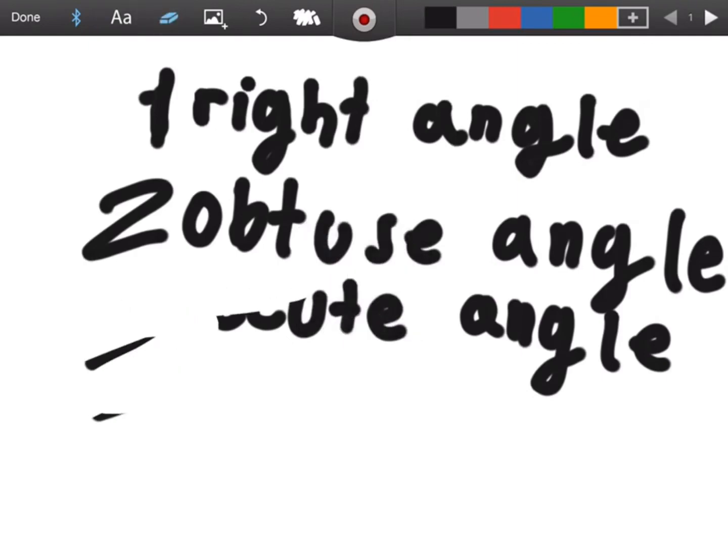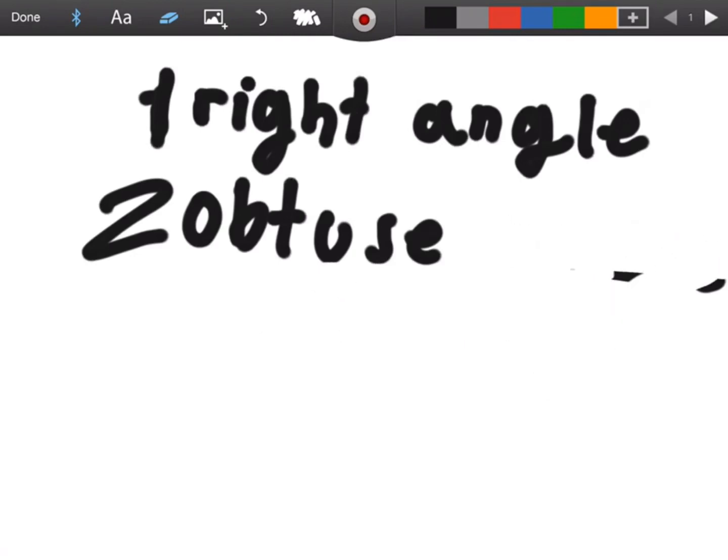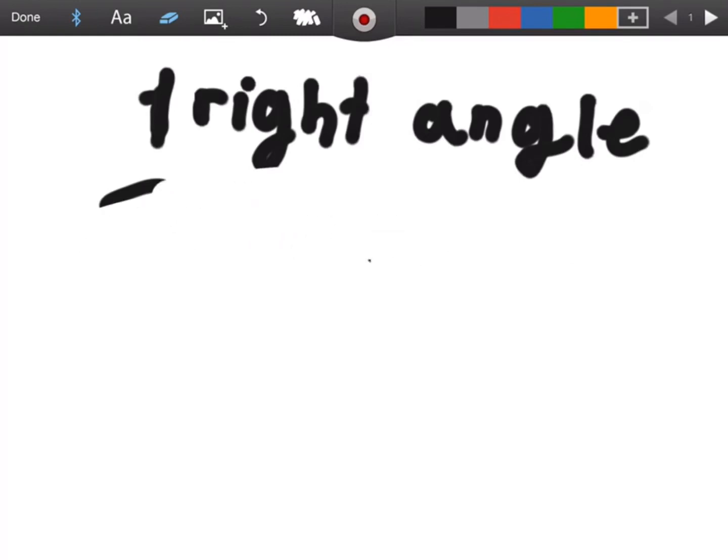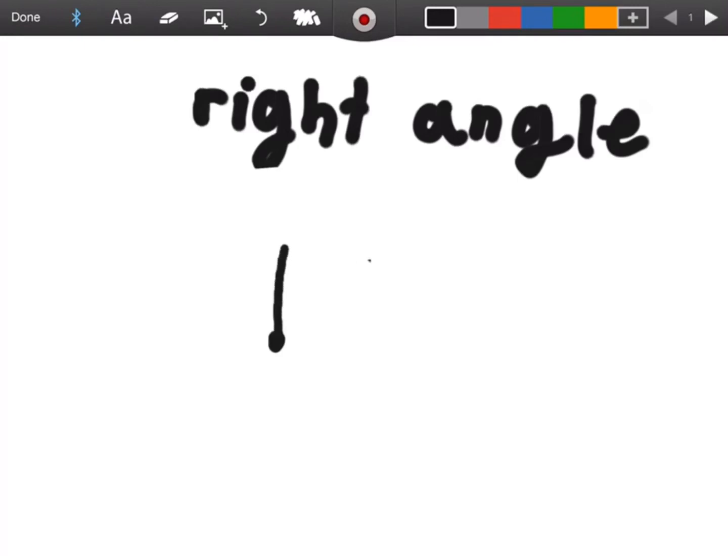So let's first learn about these individually. Let's erase everything. We're going to learn about a right angle.